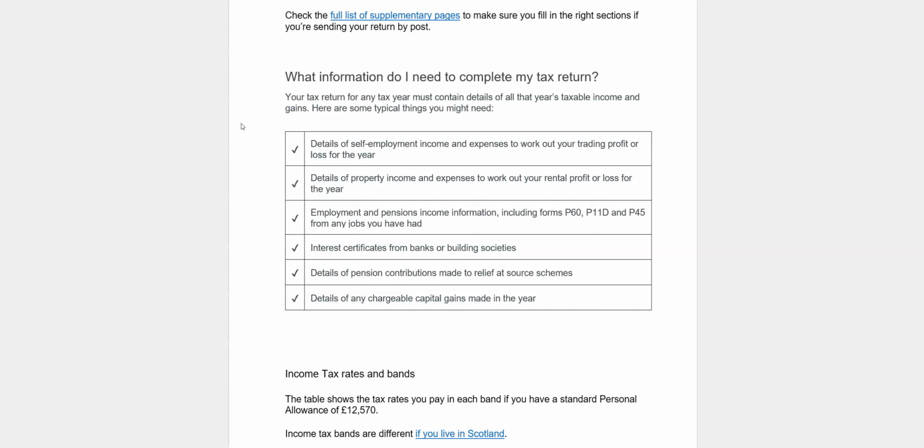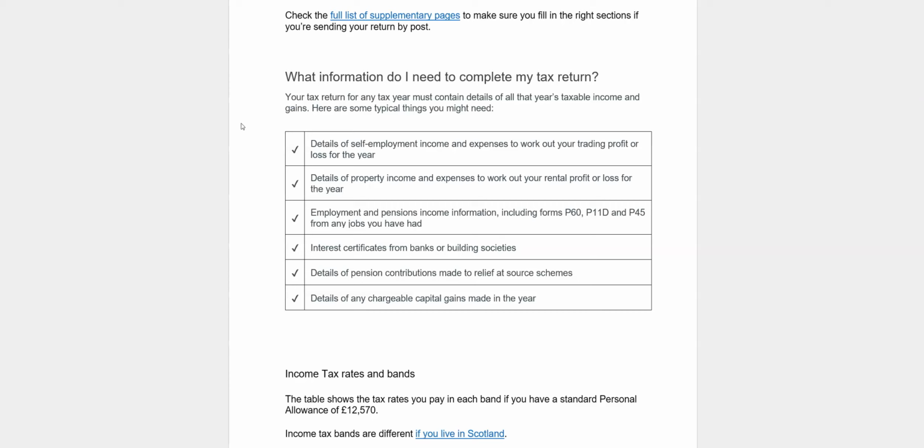Number two, if you receive any taxable benefit from your employer, for example, if the employer gives you a car, a house to live in, or any other benefit, for example a mobile phone or any electronic device, you have to have this information. Also, if you left a job, you should have your P45. If you have a client, you should ask for this information from the client.